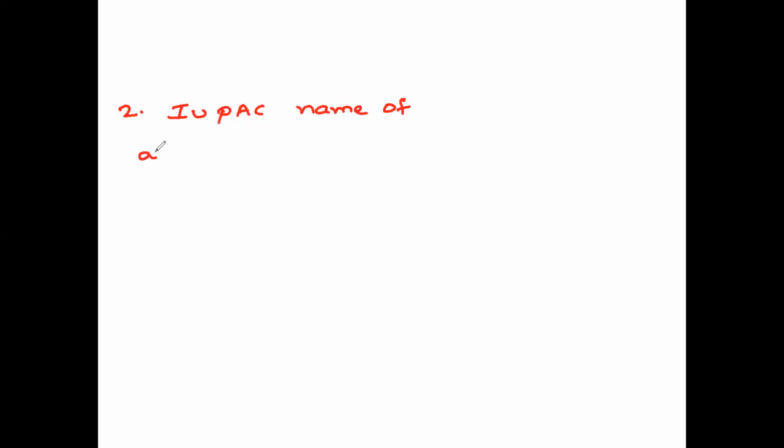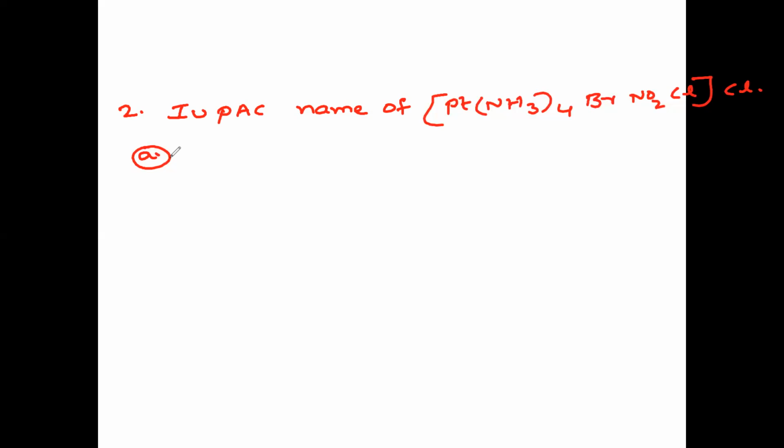Option A, IUPAC name of [Pt(NH3)3 BrNO2Cl]Cl. So this is a complex. Everything is in the bracket, and outside there is one Cl. The outside Cl we should not consider, only this we have to write. After the complex name we have to write chloride.